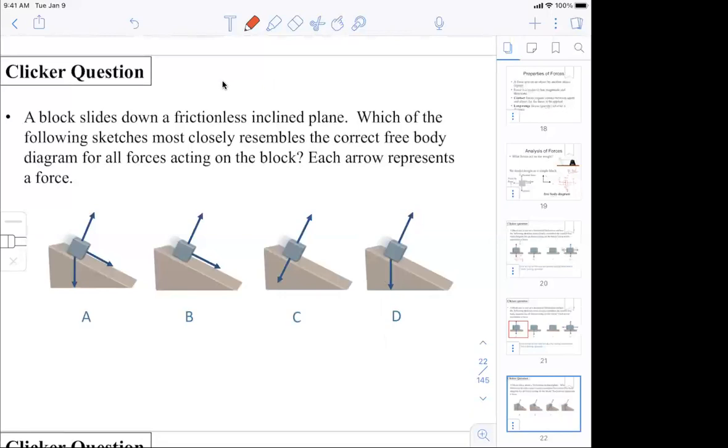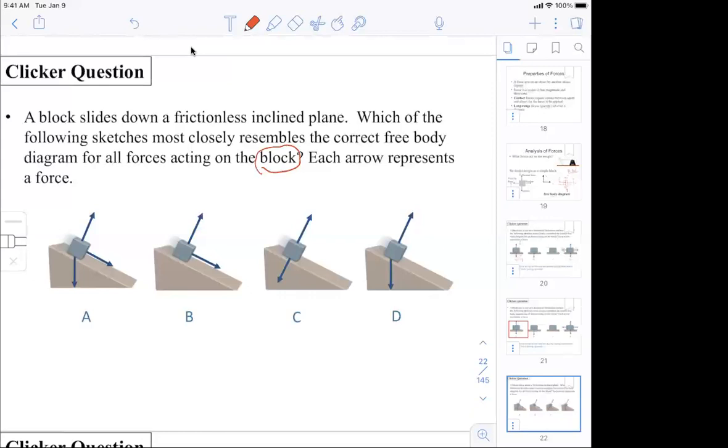All right. So again, we are curious about the motion of the block, right? The free body diagram has to be on the block. All the forces have to be acting on the block. So let's go through the forces that we can think of. Can anybody just simply give us one force, one at a time? Gravity.